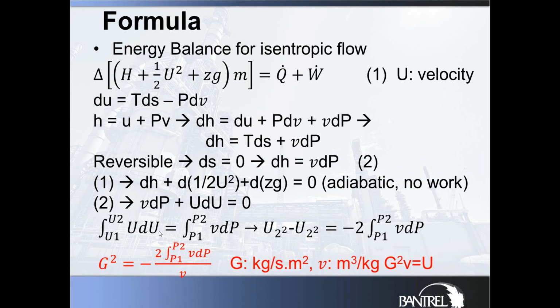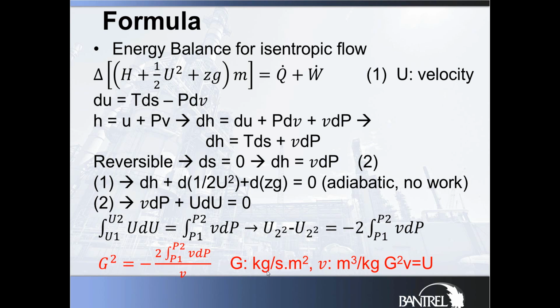So the integral of u du is u2^2 minus u1^2 equals minus 2 times the integral of VdP. G^2 is minus 2 times the integral of VdP divided by v^2.